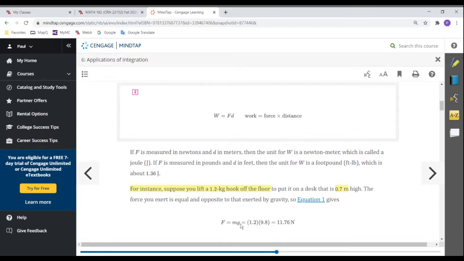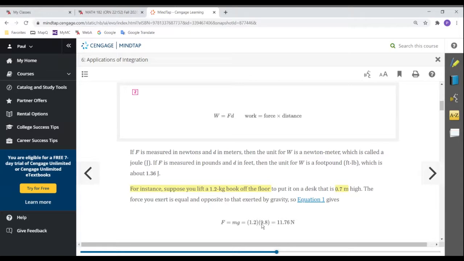Well, the force you exert is equal to the mass times g. g is acceleration due to gravity, because in order to lift the book off the floor, you have to fight gravity. You have to do the equivalent of what gravity's pulling the book down, but you're lifting it up.